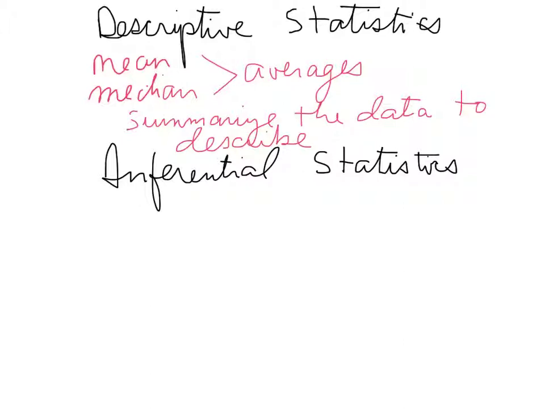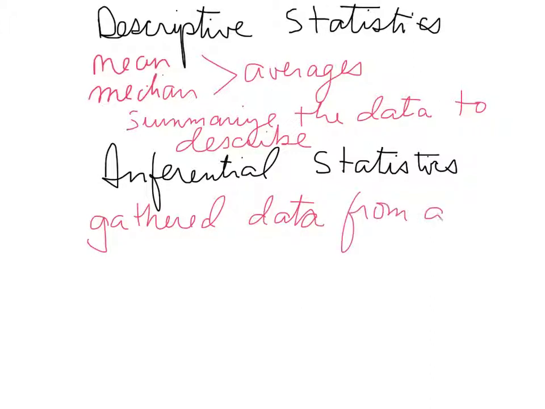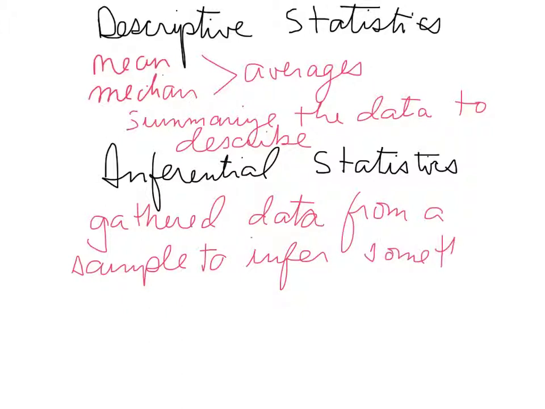So basically, we've gathered data from a sample to infer something about the population, to infer the average height, the average GPA, something like that, to infer something about the population.